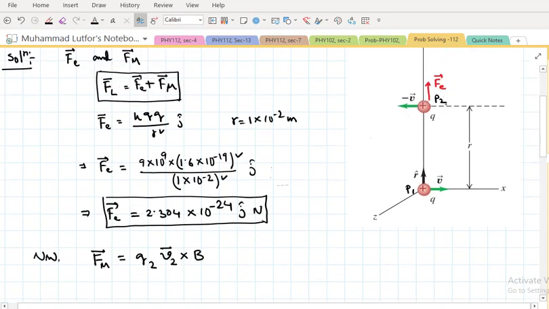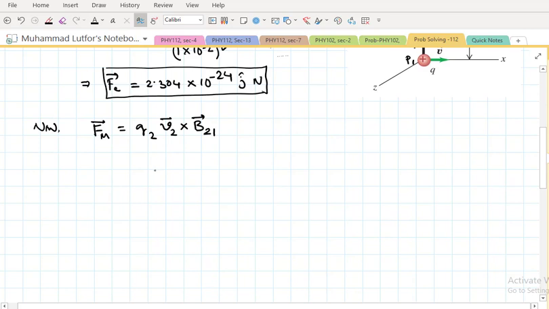There will be a magnetic field at the location of proton 2, created by proton 1, so I write the magnetic field at the location of 2 provided by proton 1. This will give the magnetic force on proton P2. Now I have to find this B21, the magnetic field on proton 2 provided by 1.